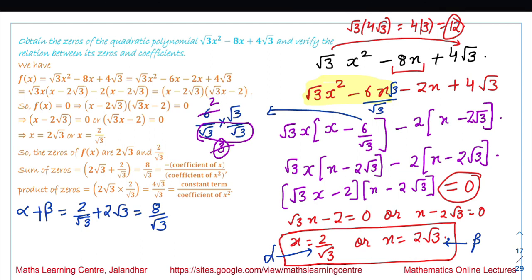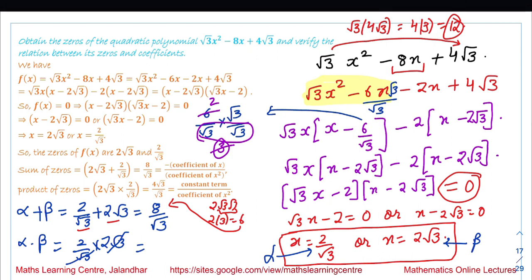When you take the LCM for these two terms, it becomes 2 into √3 into √3. √3 into √3 means 2 into 3, that is equal to 6, and 6 plus 2 you will get 8. Next, alpha into beta is 2/√3 into 2√3, so it is equal to 4.